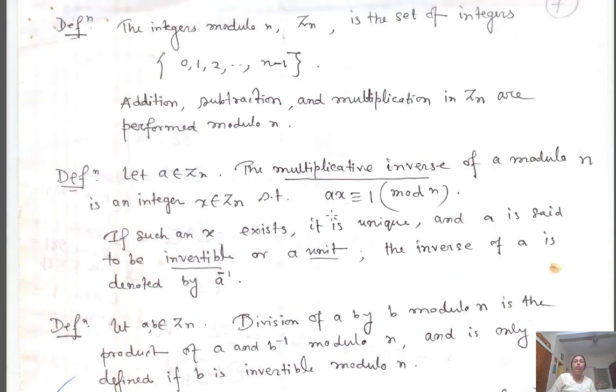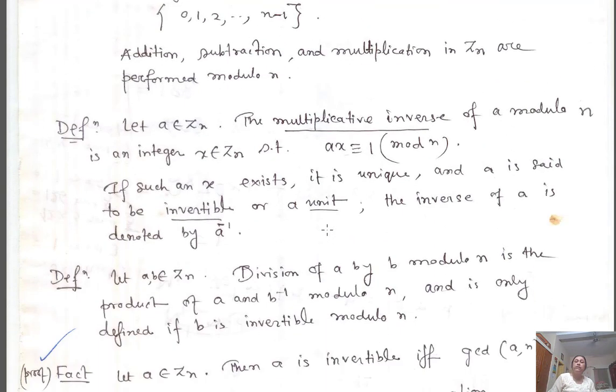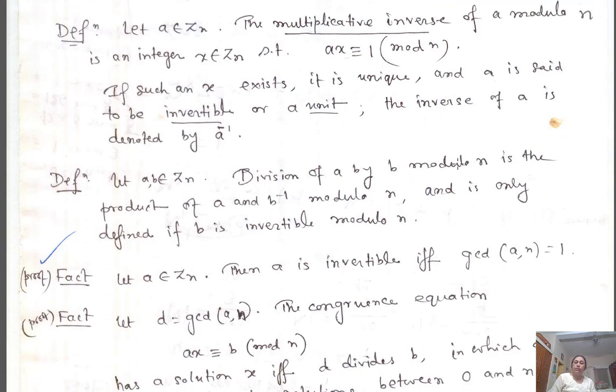We are working modulo n, so all the operations are modulo n. If you write 5 by 2 as 2.5, it will not work. You have to find 2 inverse modulo 13 and multiply it with 5.